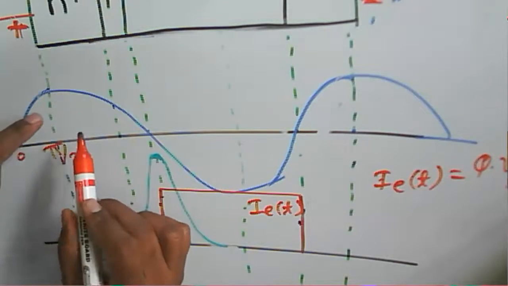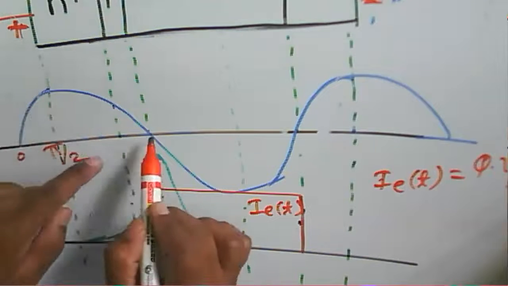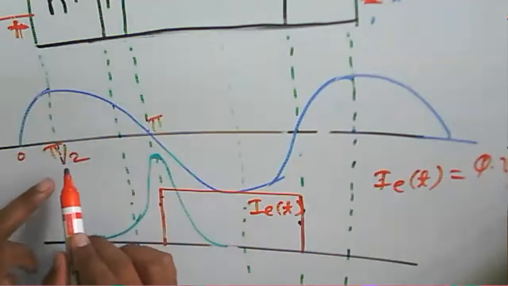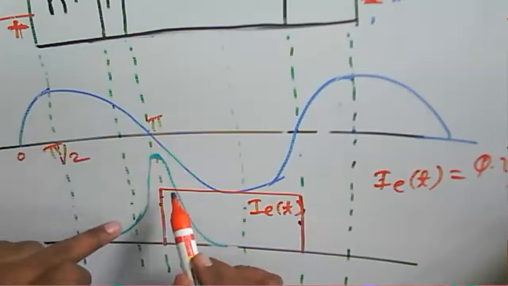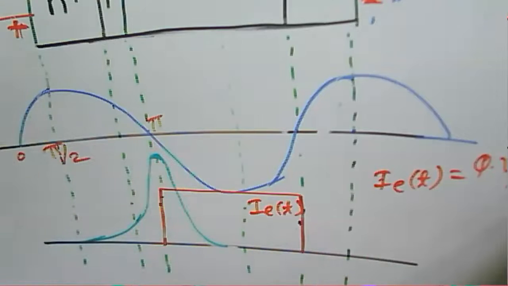At this point it will be pi by 2, the maximum. At this point it will be pi, so from pi by 2 to pi. That's why it is delayed by 90 degrees.